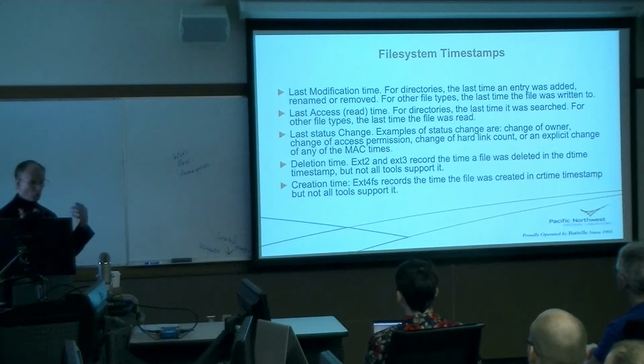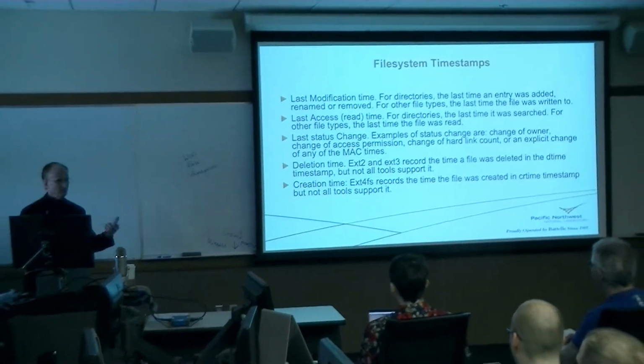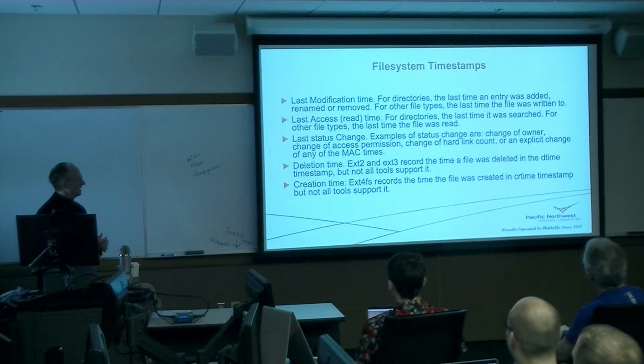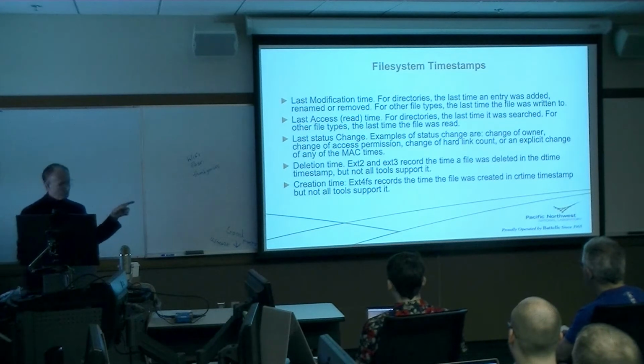Last access is when the last thing was read: for directories, when it was searched; for a regular file, when it was opened and information was read out of it. Status change, we talked about that. Deletion time, I've never really found much of a use for that one, but sometimes it does pop up. Creation time: ext4 records when the file was actually created.